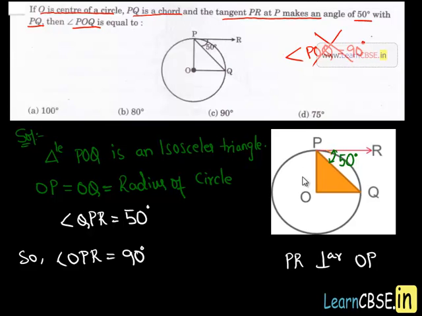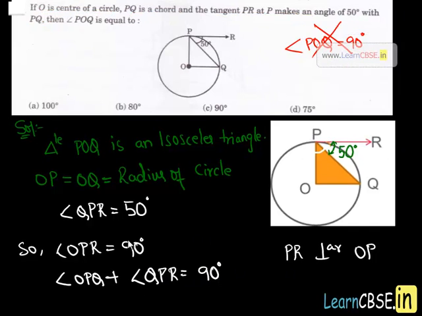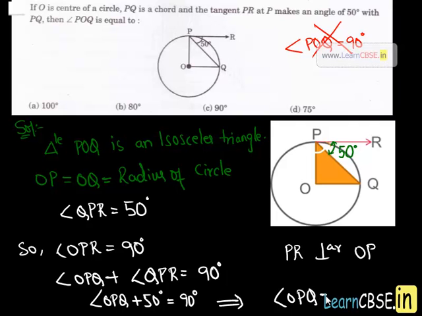Angle OPR is the sum of angle OPQ plus angle QPR, that is equal to 90 degrees. By substituting the value of angle QPR as 50 degrees, we get angle OPQ plus 50 degrees is equal to 90 degrees. Therefore, angle OPQ is equal to 40 degrees.